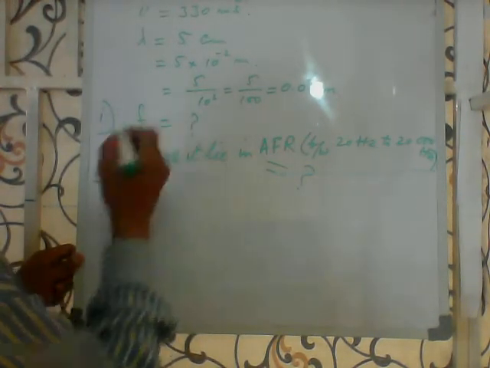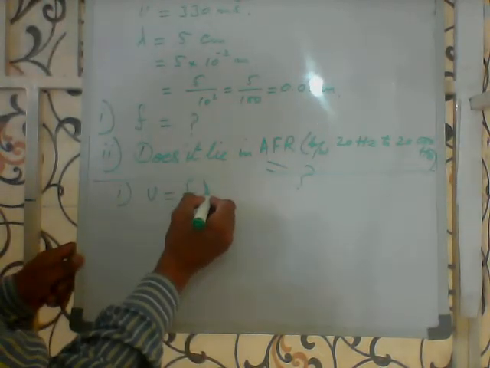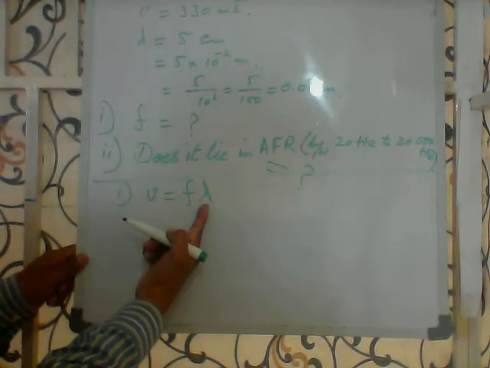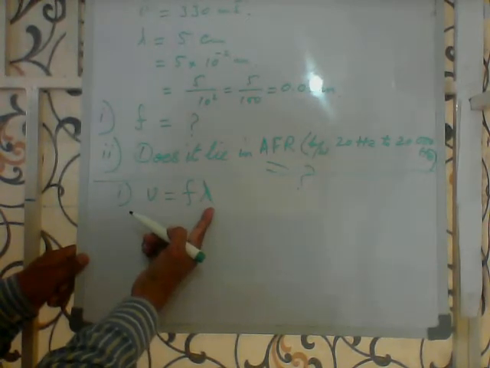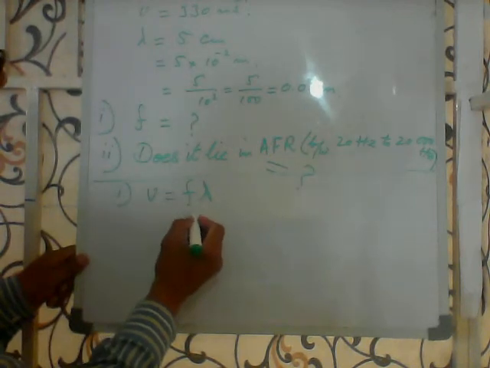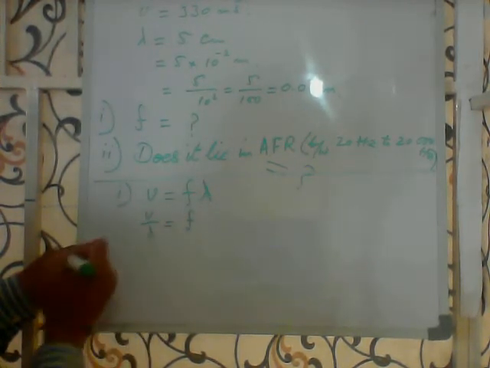Solution for part number 1: we know V is equal to F lambda, and we have to calculate the frequency. Lambda is multiplied on the right hand side, so we shift it to the left hand side and get F equal to V by lambda.